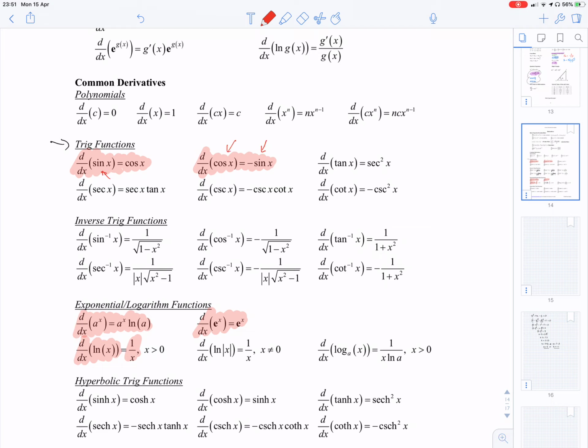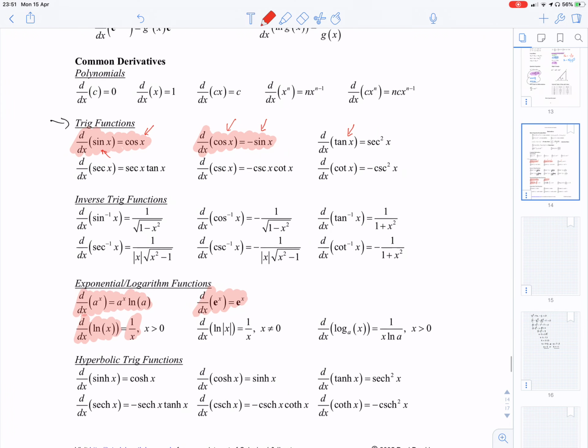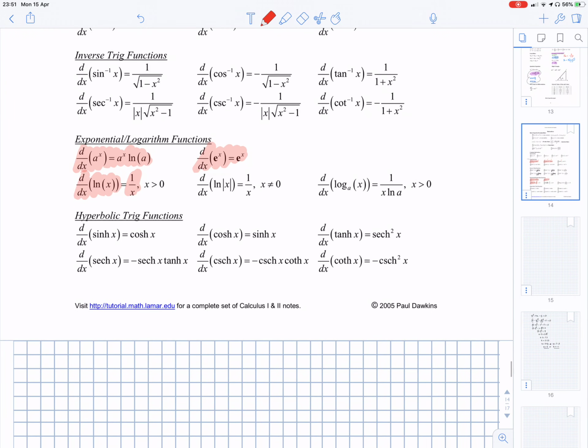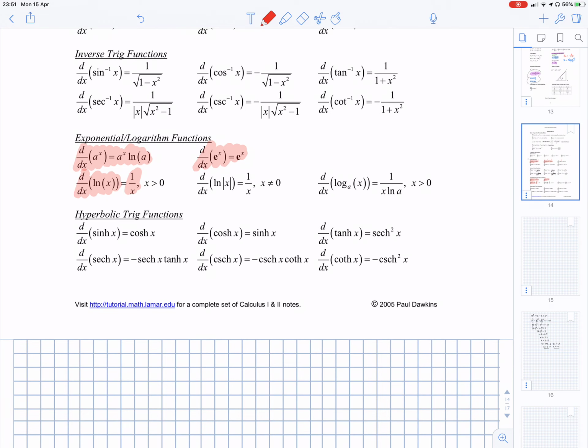Derivative of sine x is cos x. The derivative of tan, we're not doing tan, so we're going to leave tan. There is sec, there's all sorts, but there's also the derivative of a to the power x, which is a^x ln a. And then there's a derivative of e to the power x, which is simply e to the power x, it doesn't change.